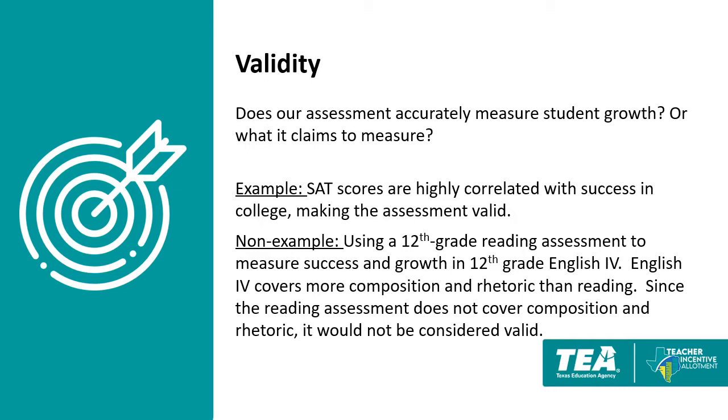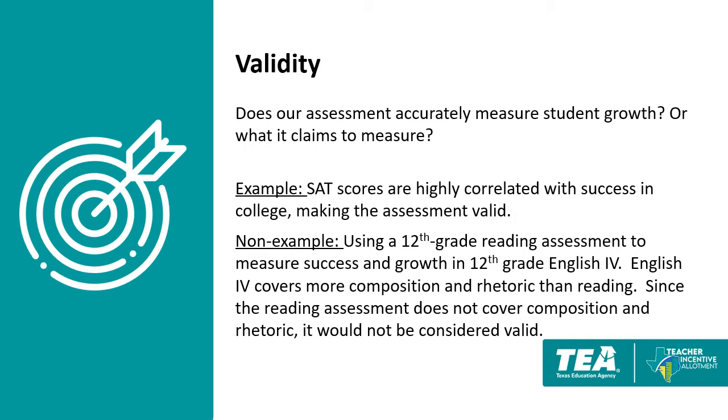Let's say the district also created a physical activity component to the assessment that required the student to do 40 jumping jacks, 30 push-ups, and jog 1 mile. That would increase the validity of the assessment since they are covering more of what's covered in the class. Another example of a valid assessment would be the SAT. Psychometricians have concluded that the SAT scores are highly correlated to college success.